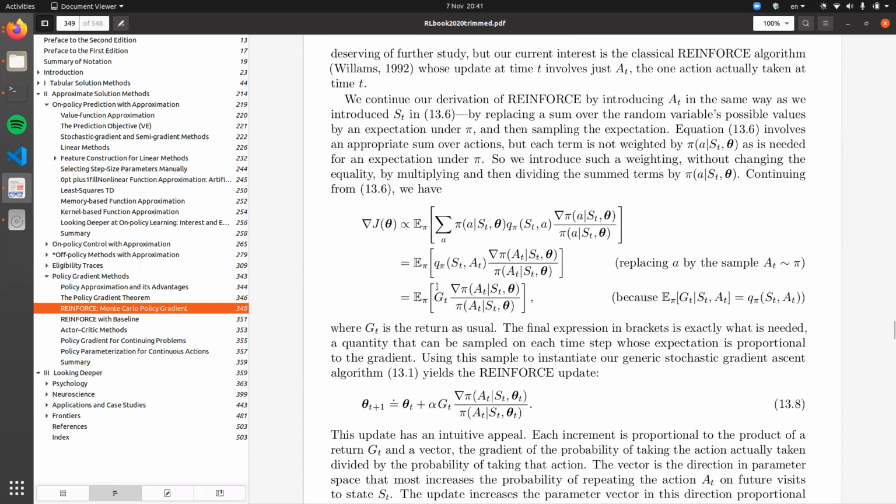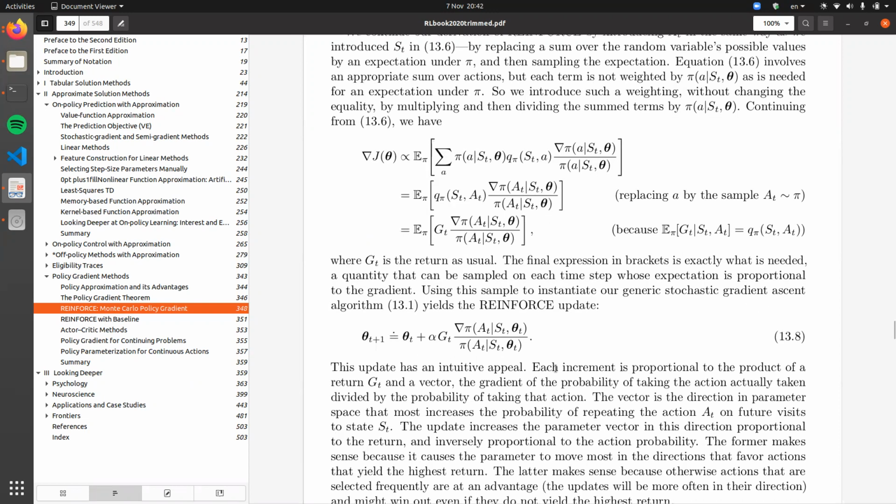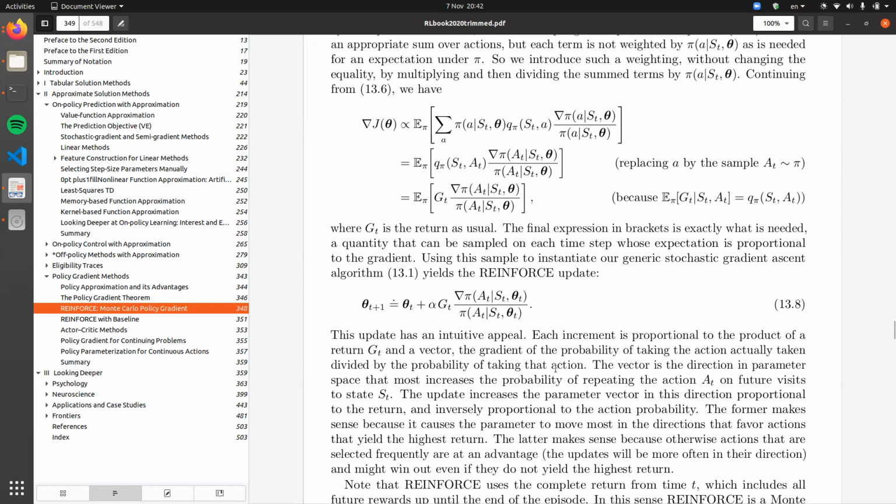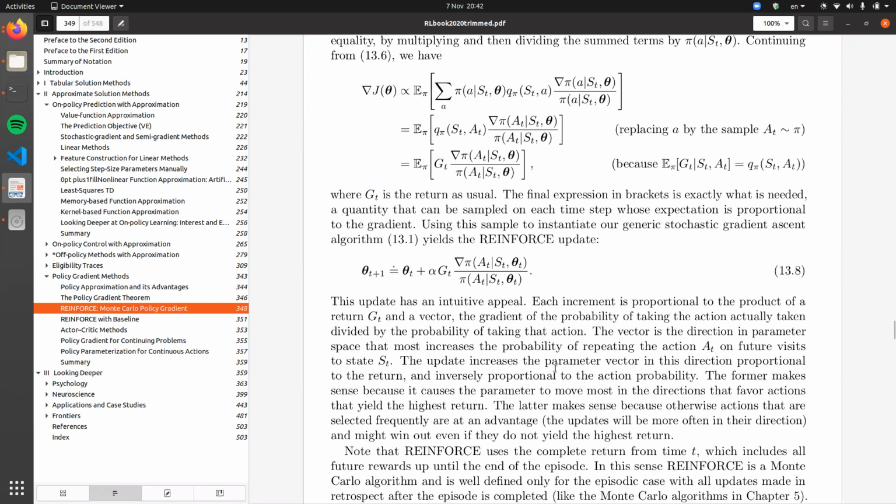So in expectation, the expectation of the return is equal to the q value of that state action pair. Hopefully that makes sense. Okay, and this leaves us with the following expression for the update.